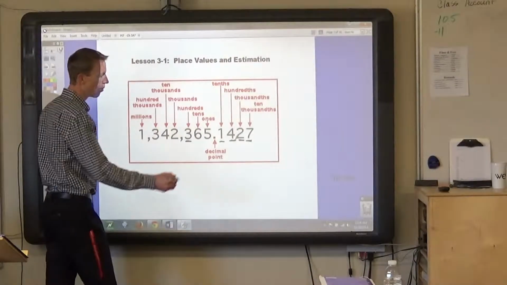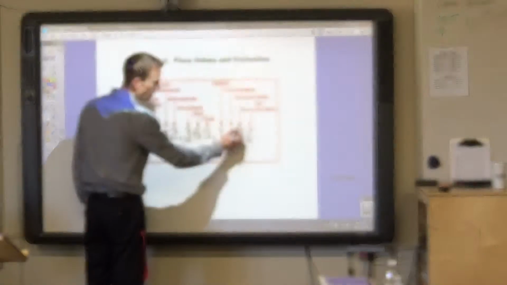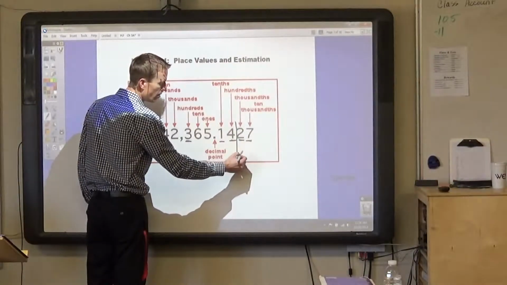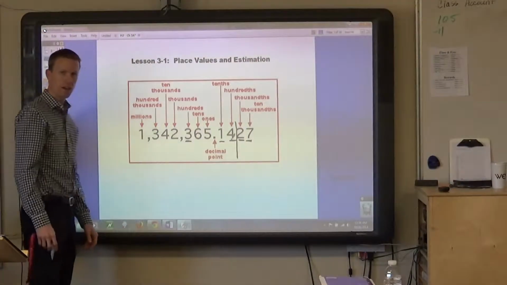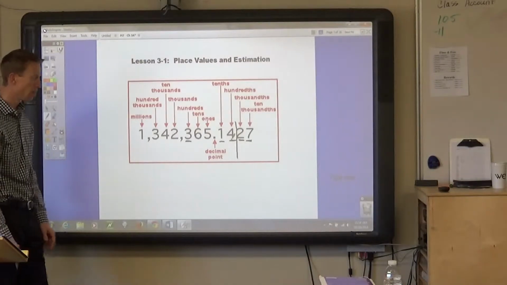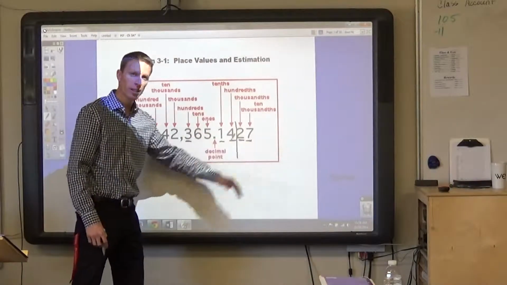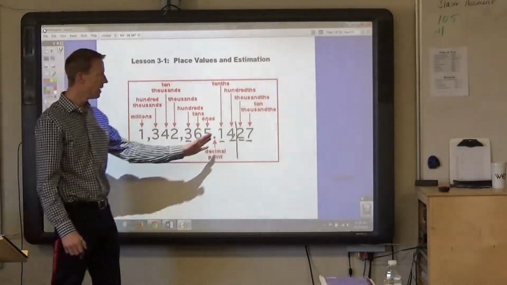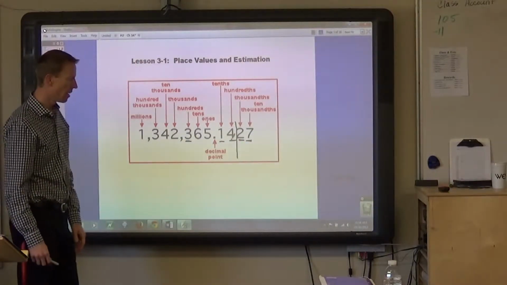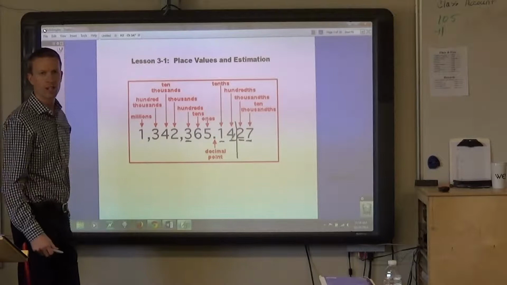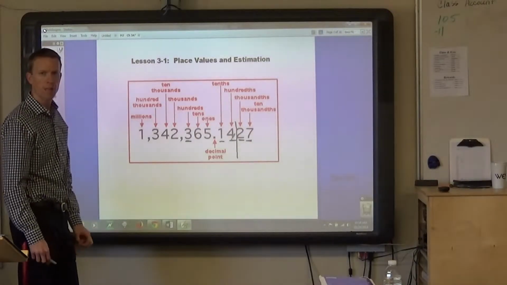So if we were rounding this number, we would cut it off right here, and this would be 14 hundredths. Okay? The rest of these would just turn into zeros if we're rounding that. And any zeros that are at the end behind the decimal point are not worth anything. They just hold that place.